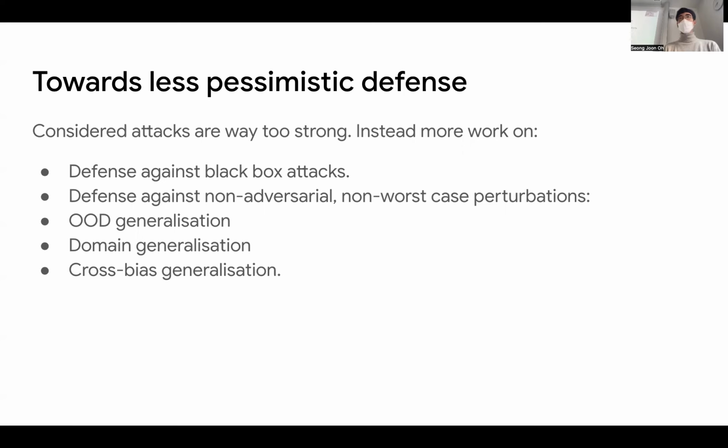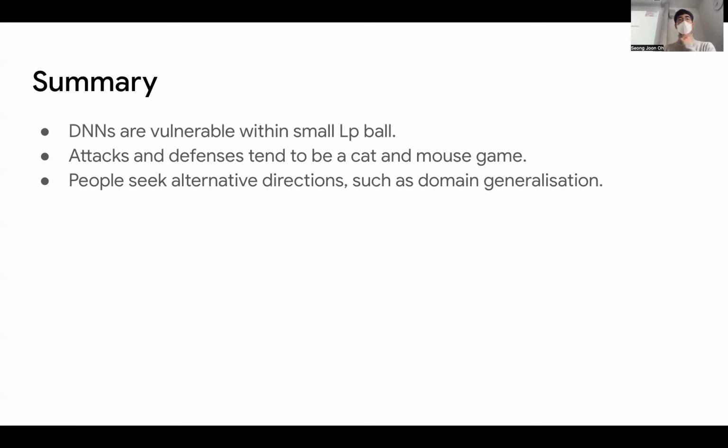Okay, so that's the end of the story for the adversarial generalization part. The summary here is that DNNs are vulnerable within a small LP ball, and if you follow these attacks and defenses, it tends to be a cat and mouse game. So it seems very necessary that we seek alternative directions from this research field.